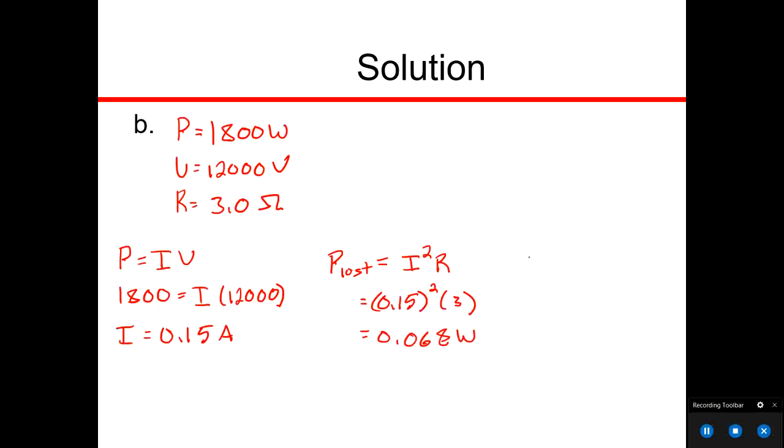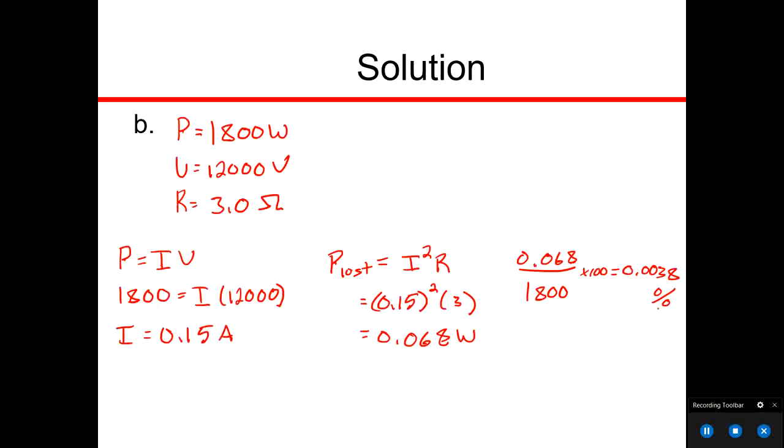So then we take our power that's lost, 0.068 watts, over our total power that's used to power the hairdryer, times 100, and we get 0.0038%. So with a high voltage and a low current, we significantly drop the amount of power that's lost over transport.